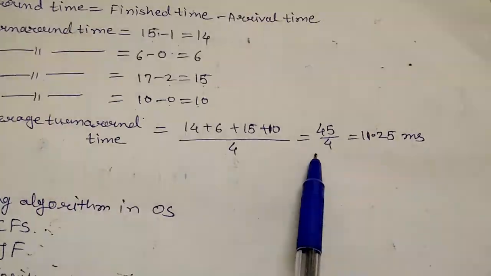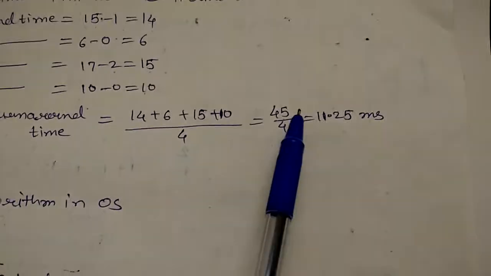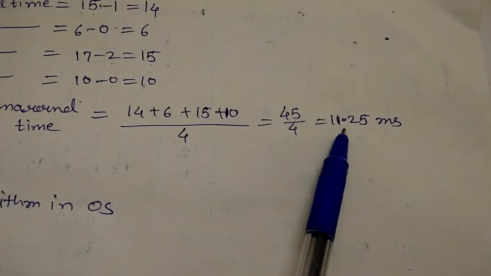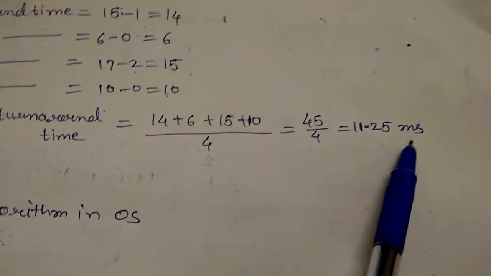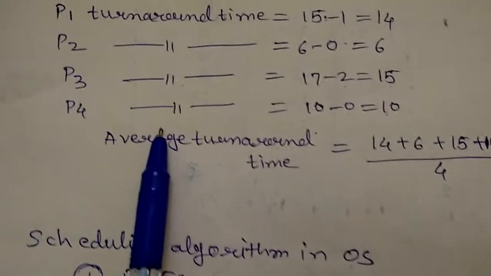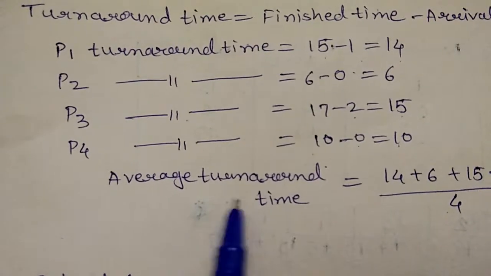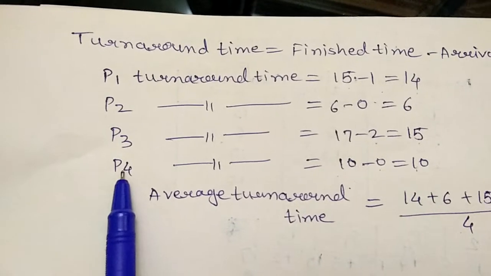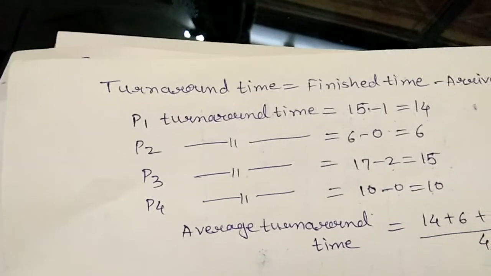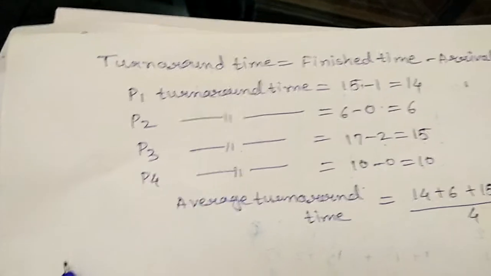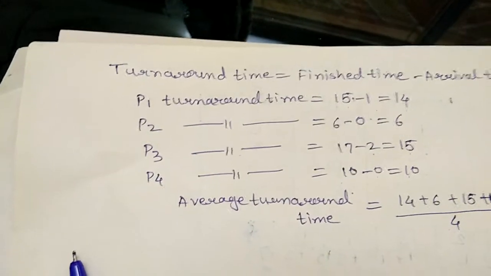So total number of processes are 4. So 45 divided by 4, that comes 11.25 millisecond. So 11.25 millisecond is the average turnaround time for the 4 processes. Right? So I hope this particular scheduling algorithm FCFS must have been understood by you.